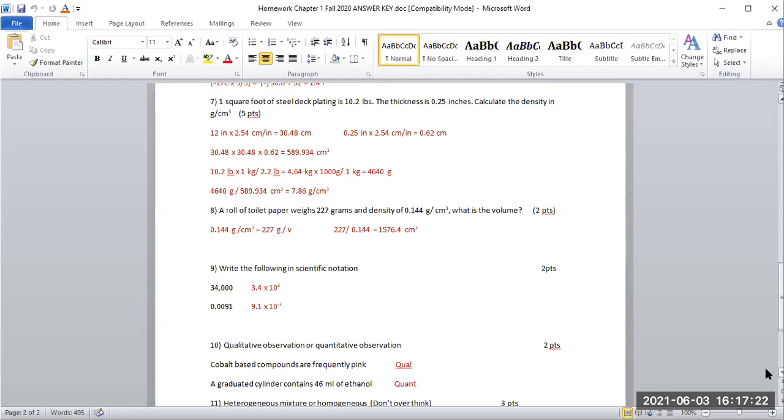So a roll of toilet paper very definitely has to be bigger than 1 cubic centimeter. I gave you the density. I gave you a mass. Rearrange your equation such that you are dividing your 227 by the density to give you 1,576.4 cubic centimeters.